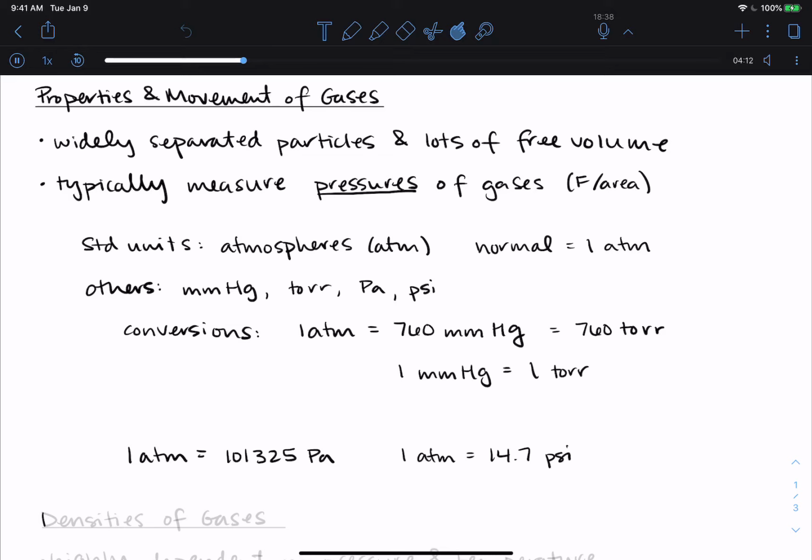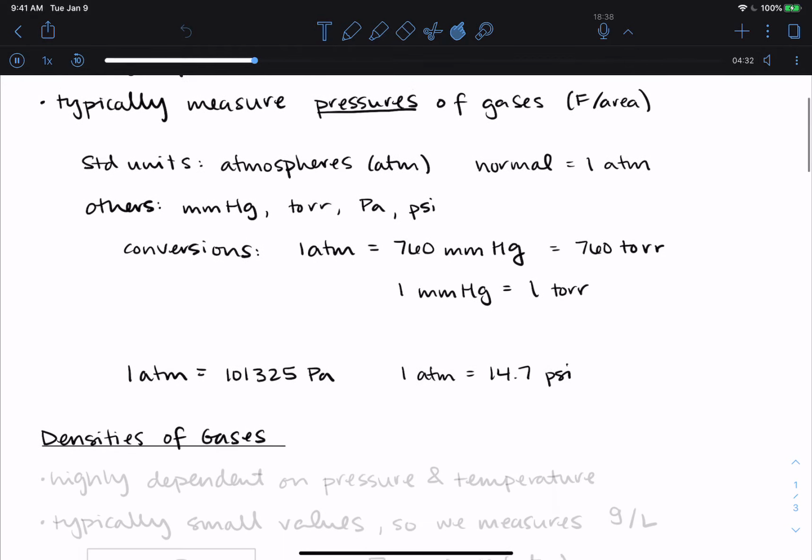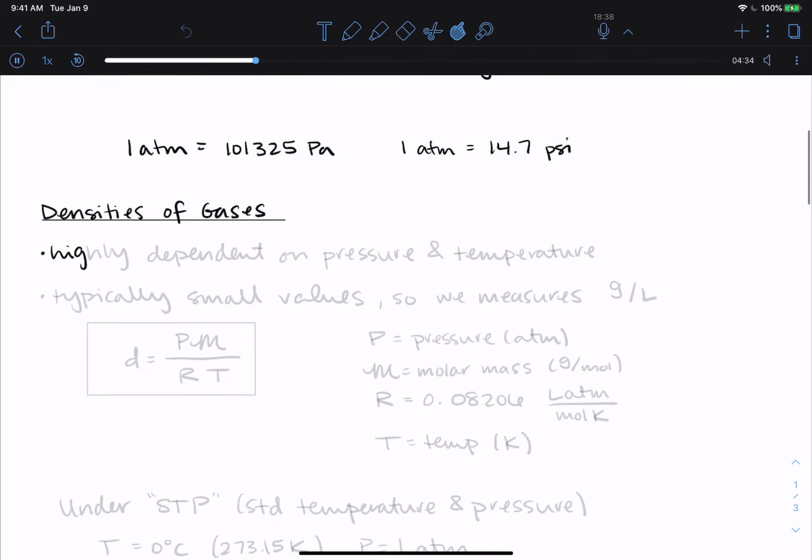We will also look at densities of gases. So we've used density to talk about solids and to talk about liquids. So it's appropriate that we also talk about densities of gases. And these are highly dependent on pressure and temperature.